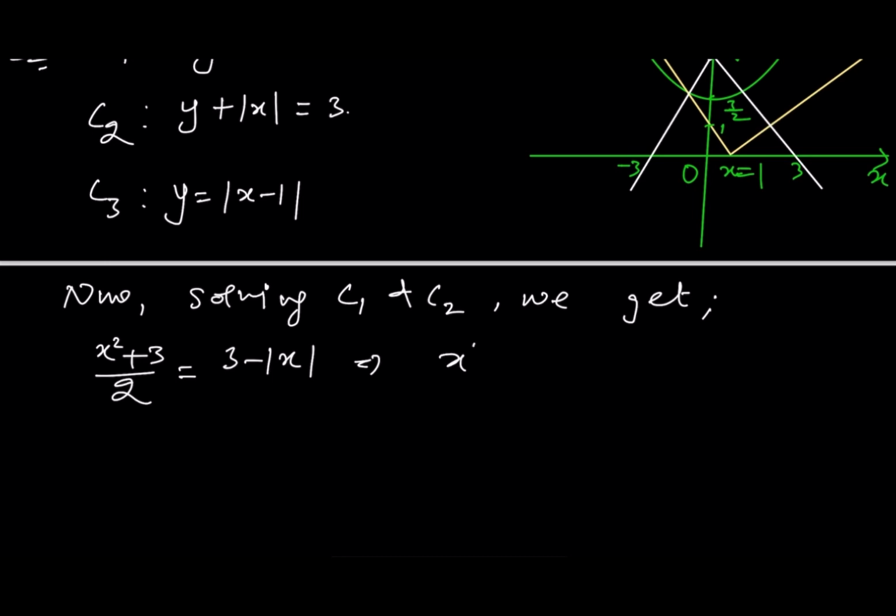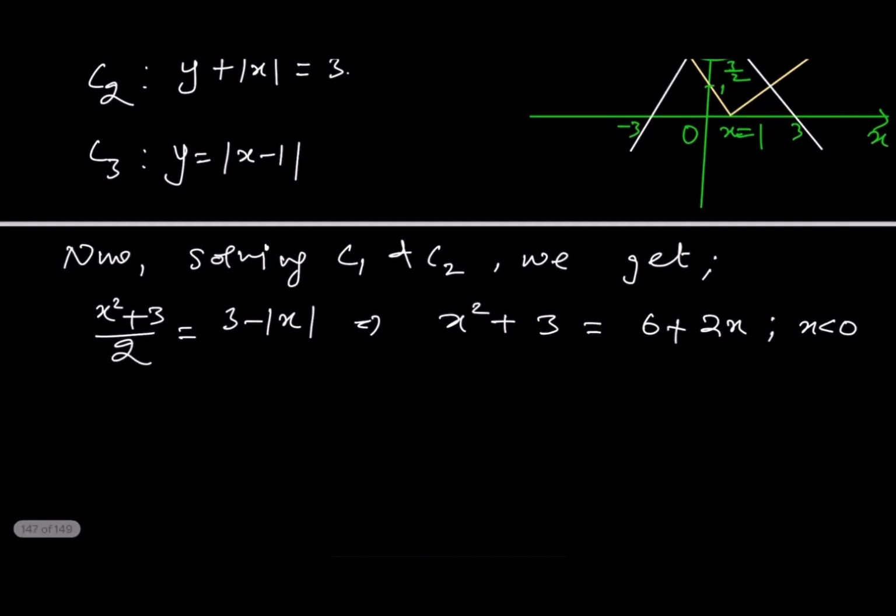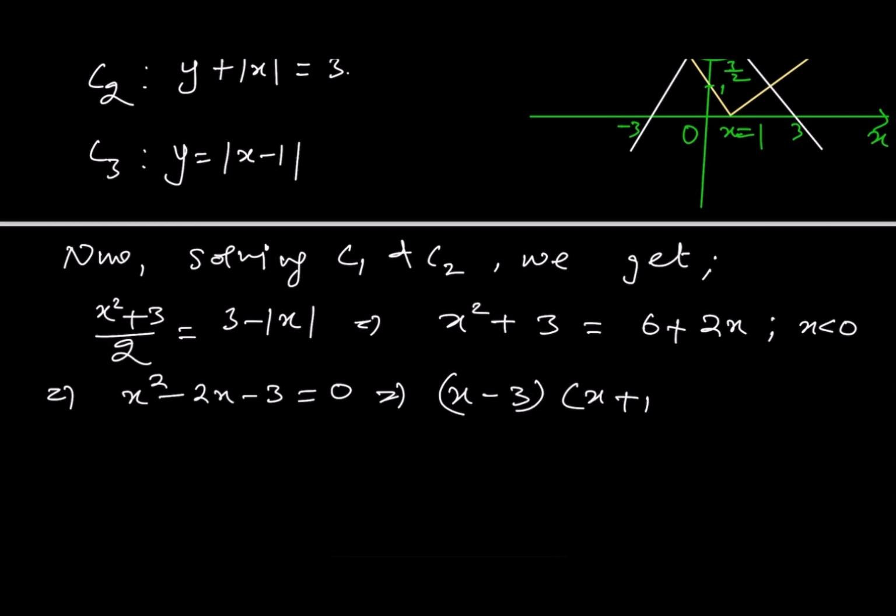So we get x square plus 3 is equal to 6 plus 2x, where x is less than 0. So x square minus 2x minus 3 is equal to 0, so (x minus 3)(x plus 1) is equal to 0.